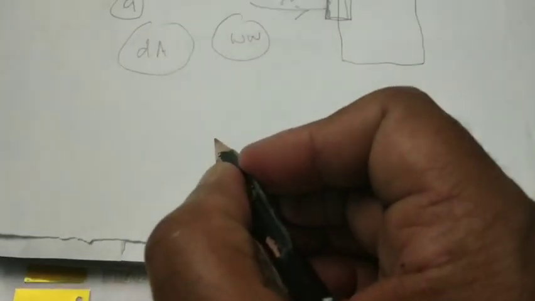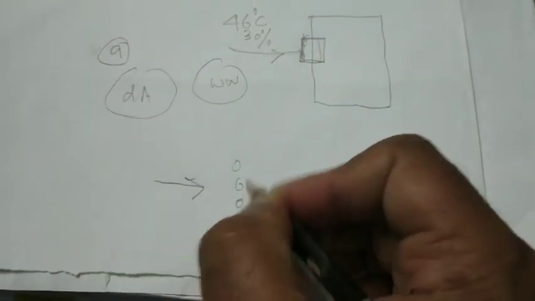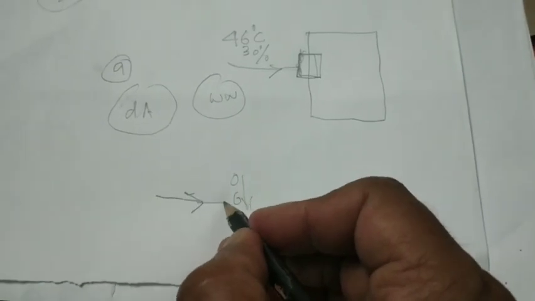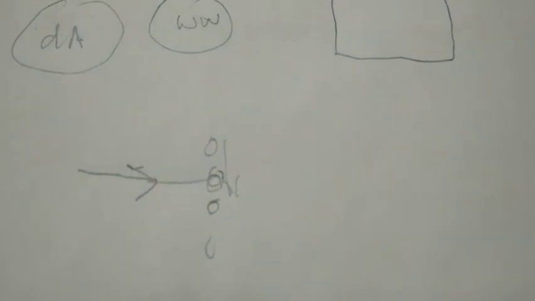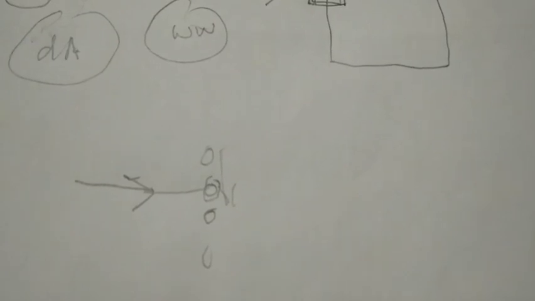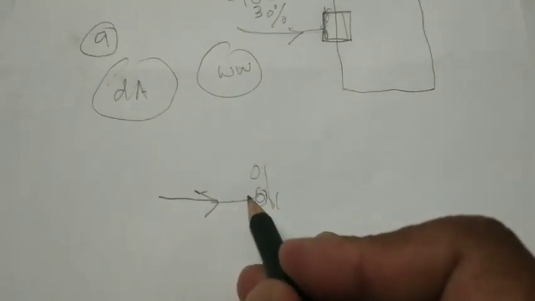So we have air coming, and there are water droplets falling down. When this air comes in contact with the water, it has a very high temperature. This high temperature air will now negotiate with the water droplets, and it will give away its temperature.